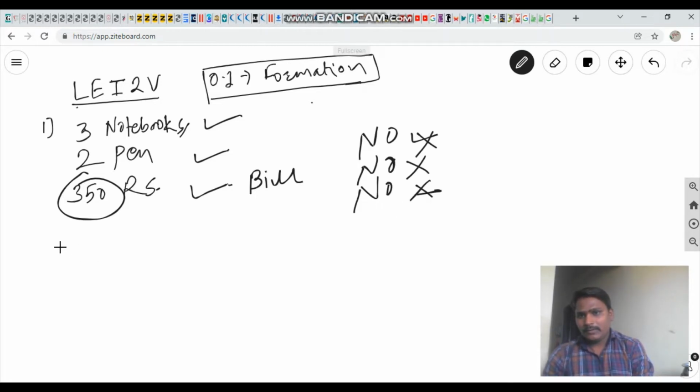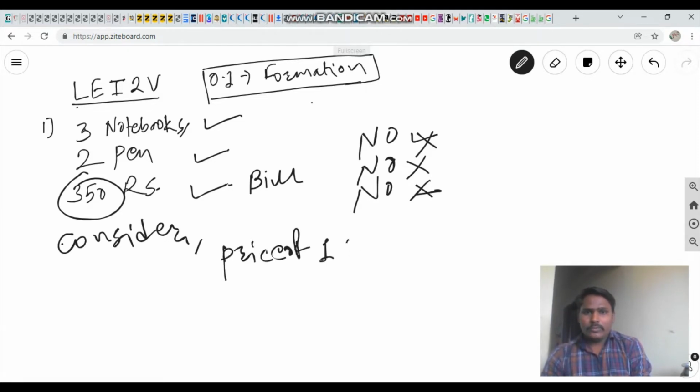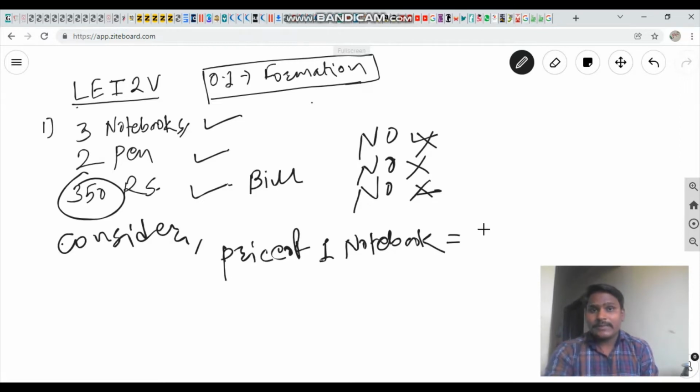So first of all, let's consider the price of one notebook. We don't know the price of one notebook, and we have to express it in mathematical form, and for that we have to use variables like x.